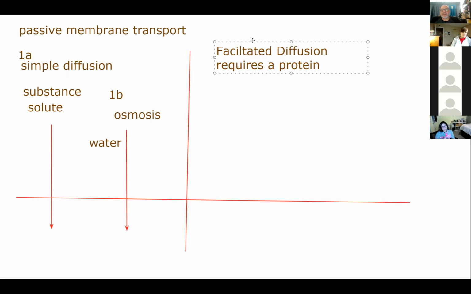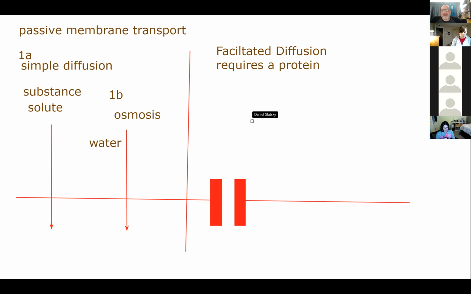Notice the help is not coming in the form of energy, because then it's not passive anymore. It is help in the form of a protein. That protein forms a hole in the plasma membrane that allows something to pass in or out.